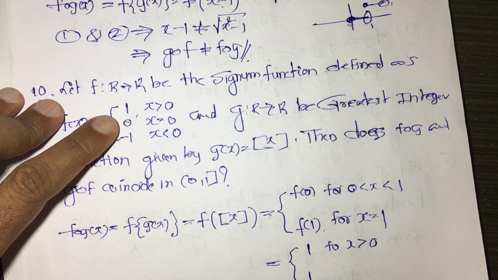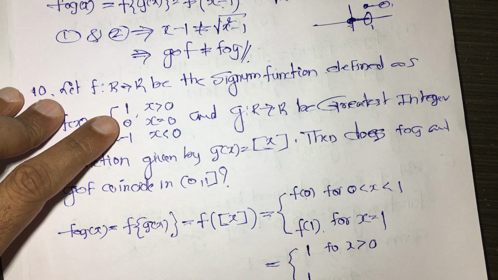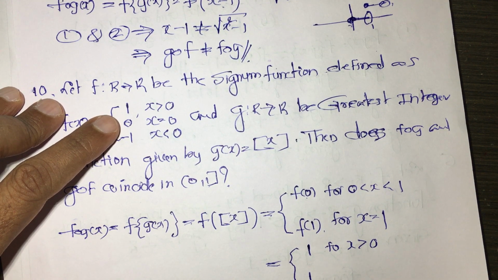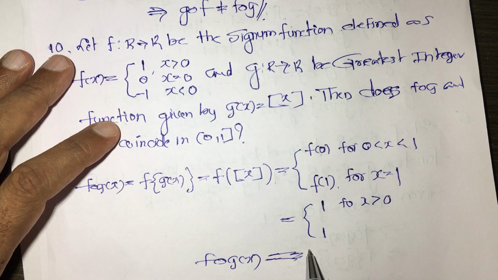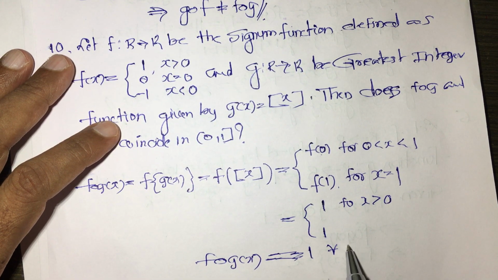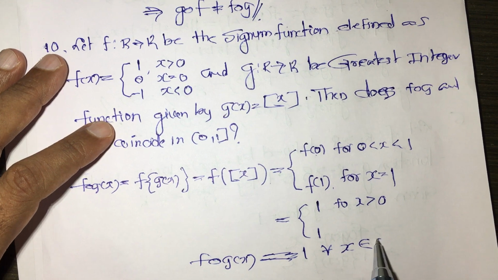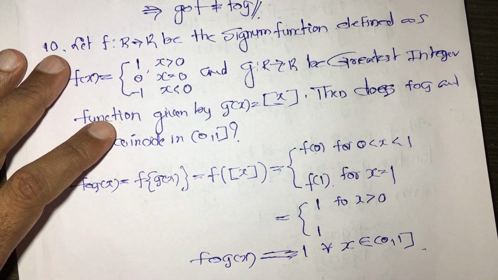So we can say that f composite g of x is equal to 1 for all x belongs to (0, 1].